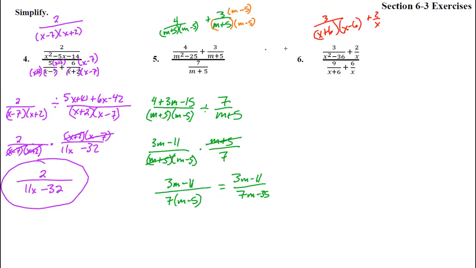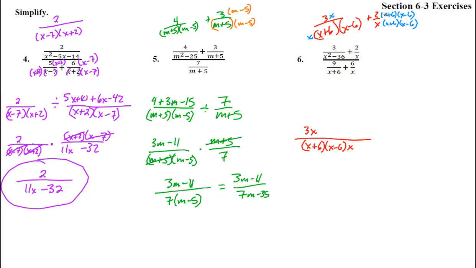It looks like we're actually going to have to times by the x plus 6, x minus 6 on top and bottom here. That's not as cool. And times by x over here. So the top fraction is going to be 3x over x plus 6, x minus 6 times x. So that's the common denominator.